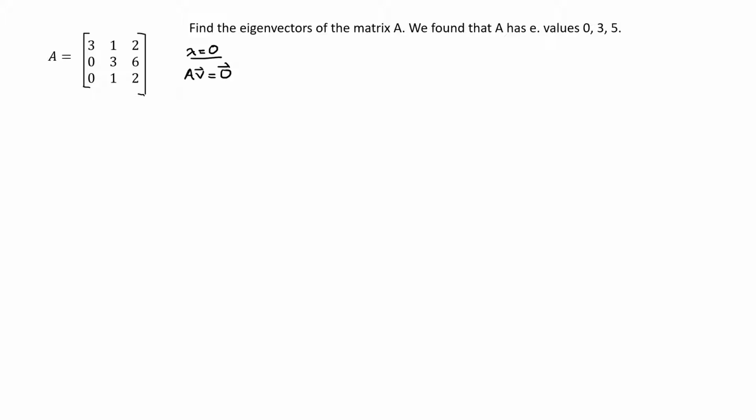Okay, so all I'm going to do is row reduce A. So I have 3, 1, 2, 0, 3, 6, 0, 1, 2. And I'm just going to row reduce for a moment. I would recommend that you do the same thing.